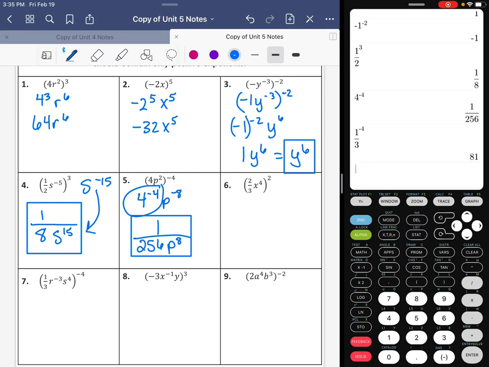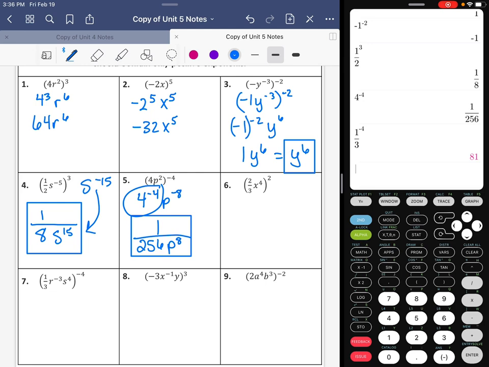Now, hopefully this makes sense to you, because if a negative exponent makes a whole number, like look at these two right here beside each other, or on top of each other. This negative exponent made this whole number a fraction. So a fraction with a negative exponent has to become a whole number.